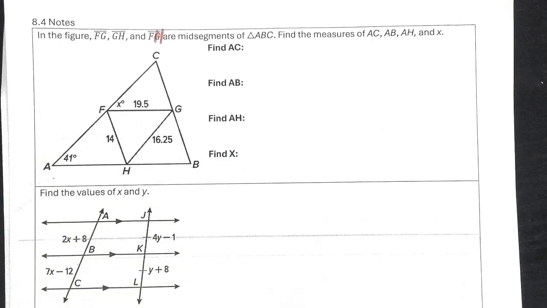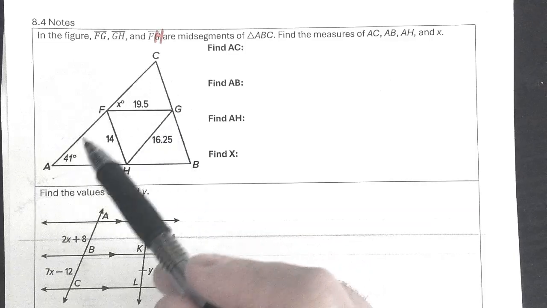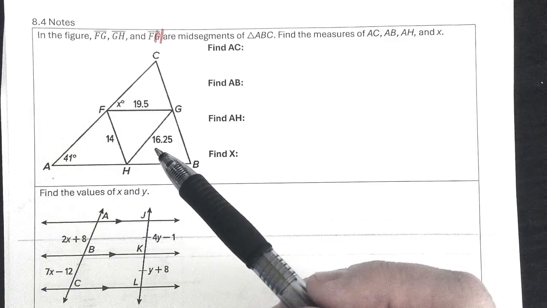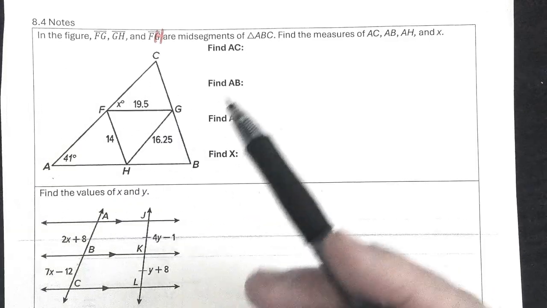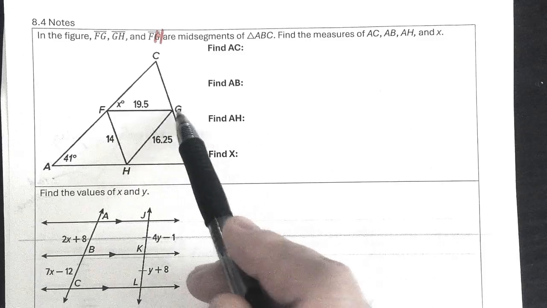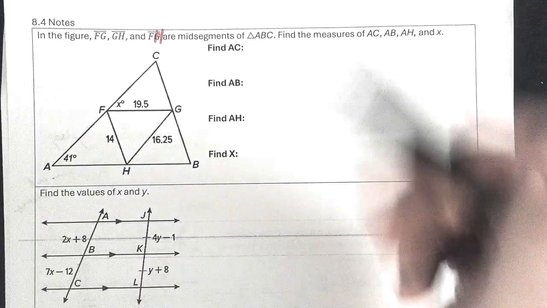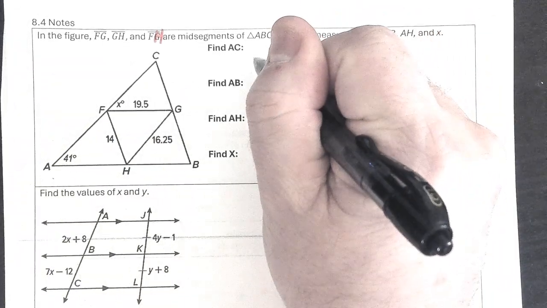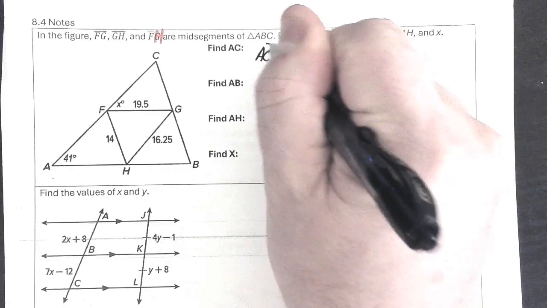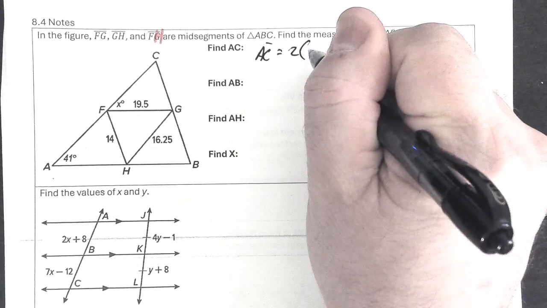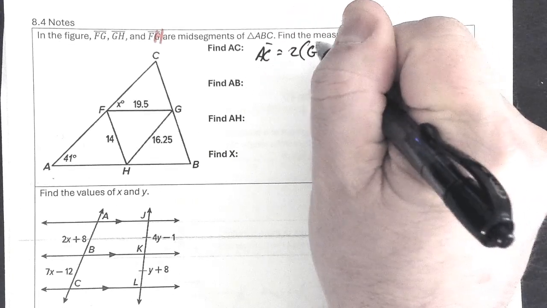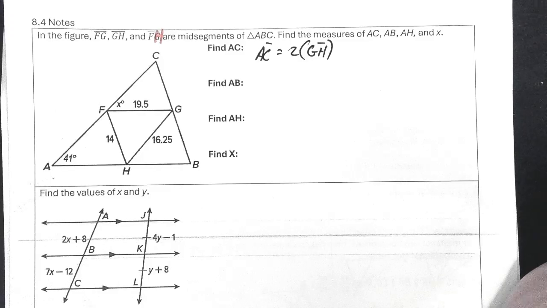Okay, so AC. All right, so AC is going to be, this is the mid-segment for AC. So AC is going to be 2 times GH, because that's its mid-segment.